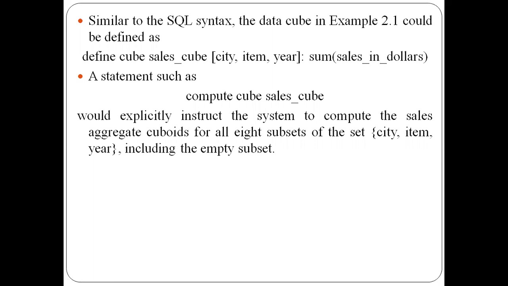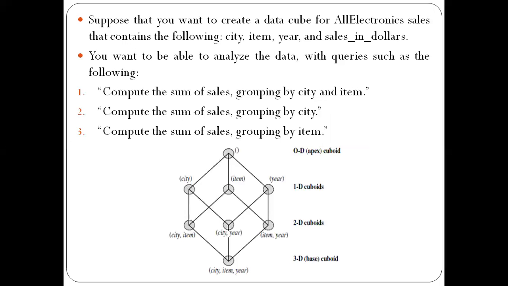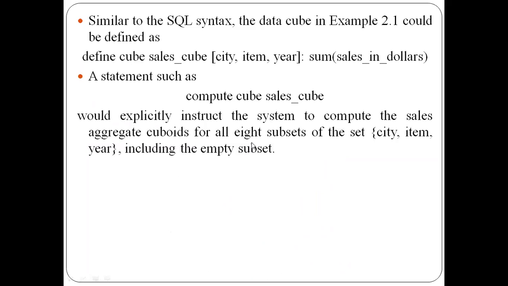Total 8 subsets, or 8 combinations. So this is one: city, item, and year, and then individual ones, and then combinations of 2, that is city, item, and then city, year, and then item, year, and then the combination of all 3, and then this final value, that is the sum of all these. So total 8 subsets of the compute cube operation we can perform here.